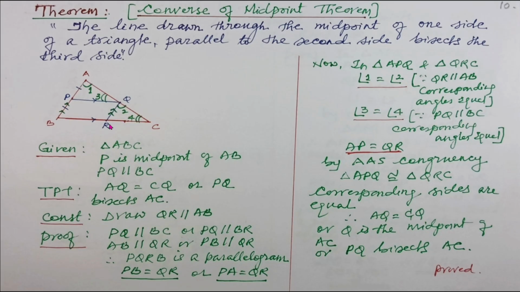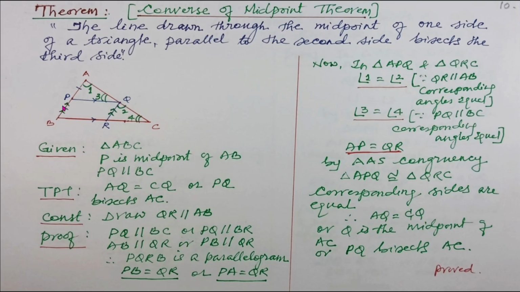Now the construction required is draw QR parallel to PB. Now in the quadrilateral BRQP we have PB parallel to QR by construction, and PQ parallel to BR. That means BRQP is a parallelogram because PQ is parallel to BR, which is given, and PB is parallel to QR by construction.